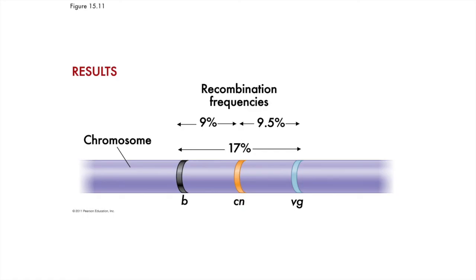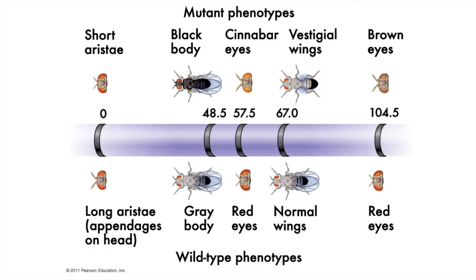Thus, he was able to piece together the relative order of the 3 genes on the chromosome. More and more mutants were found and more recombination frequencies calculated. Today, we've been able to build upon the maps produced by Sturtevant and Morgan, and now we have a complete genomic sequence of the fruit fly and many, many other organisms as well, including humans.